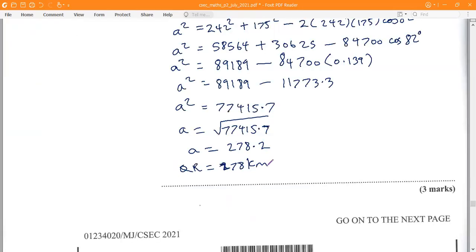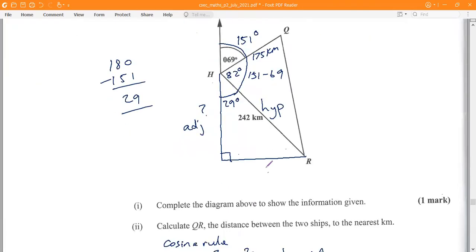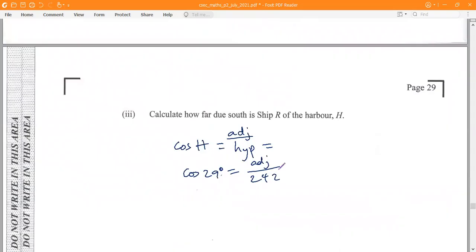Right, so now let's calculate cosine of 29 with our calculators, to 3 decimal places. 0.875 is equal to ADJ divided by 242. We want to solve for this adjacent side. So we multiply both sides of the equation by 242.